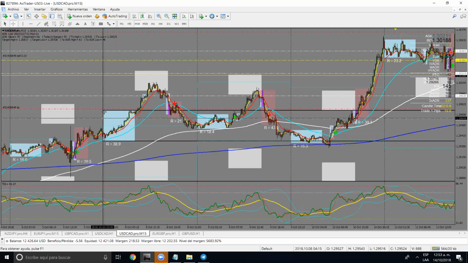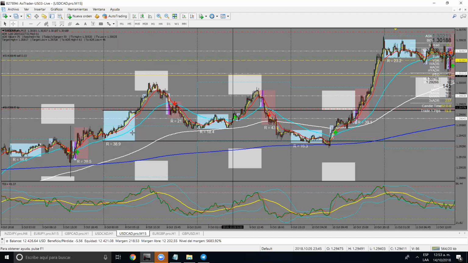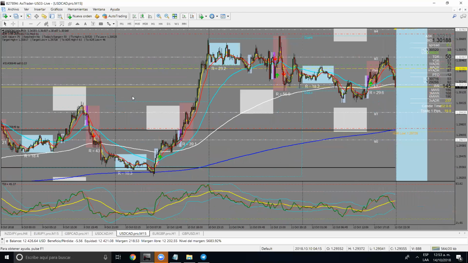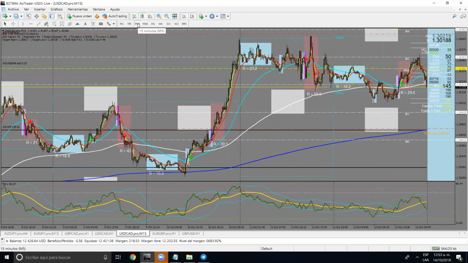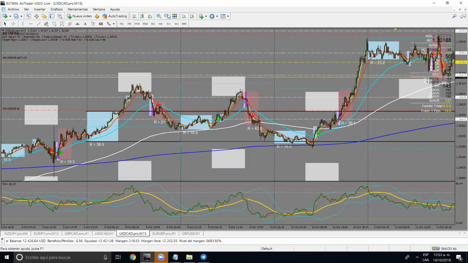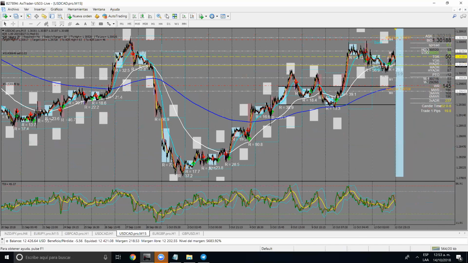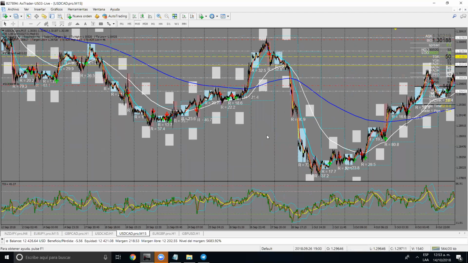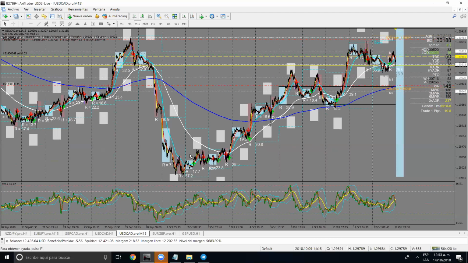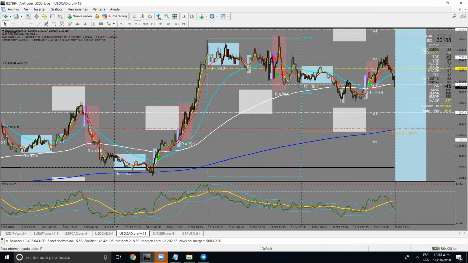This Monday, from when the Monday opens here, this black line is just week information. Usually we use this template on the M15, 15-minute chart. Let me see what other information we have here from this template.